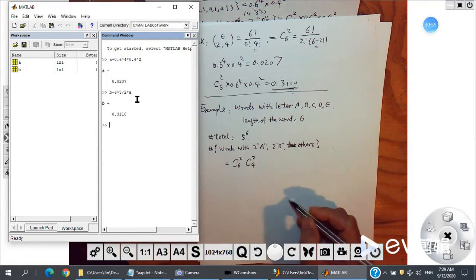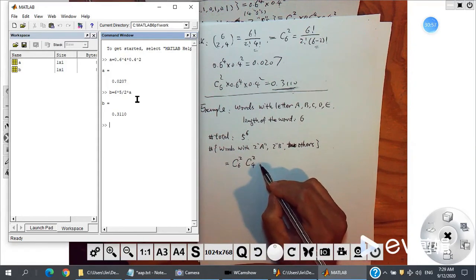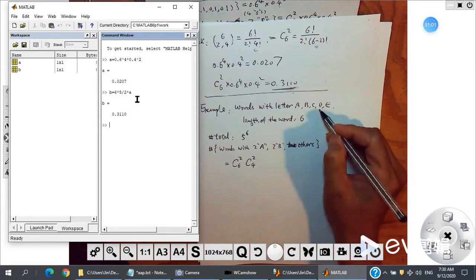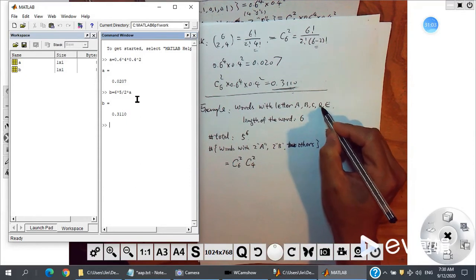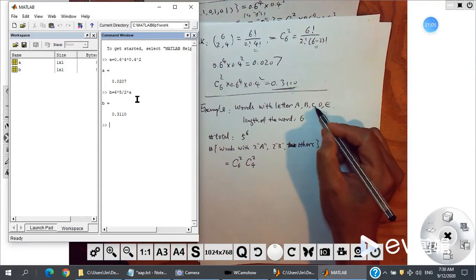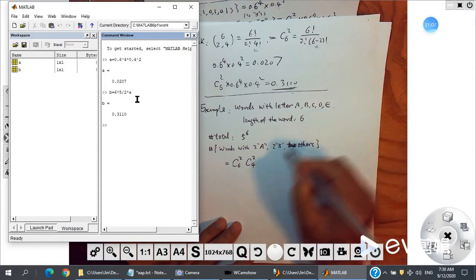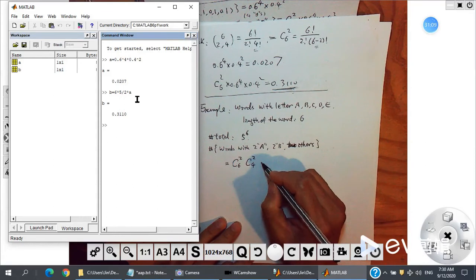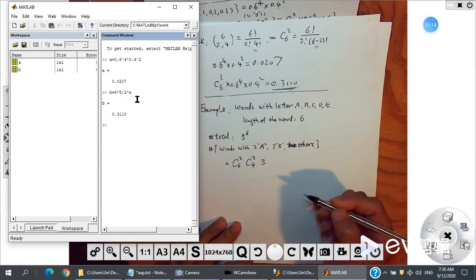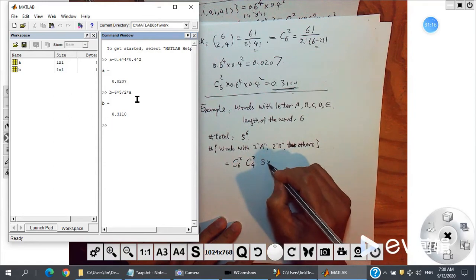Then for the rest, how many choices? I have another 2 locations, right? Those two locations you can choose any one of them. The first location you can choose from these three choices, and the second location another 3 choices.